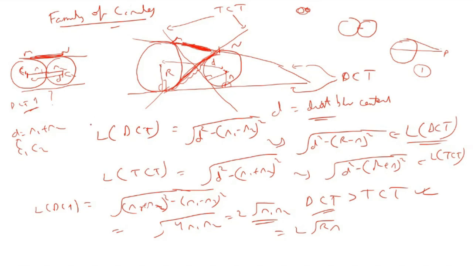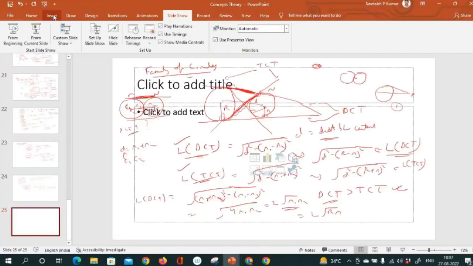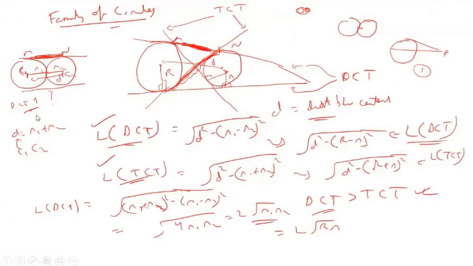The thing to remember here is this. This is the first part of what we need to know about families of circles. Since this is a direct formula, it is easier to pick up. You won't have to figure it out much, because the moment you see that they're asking that, you can use it.